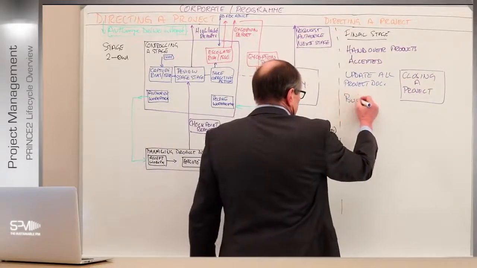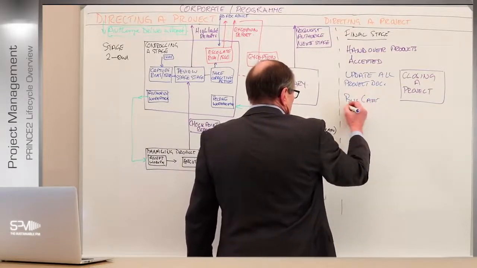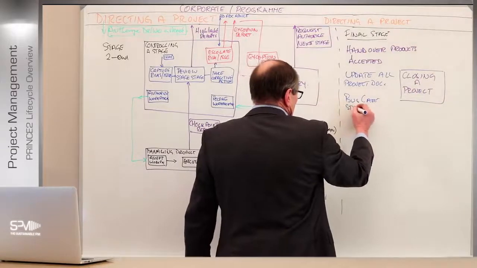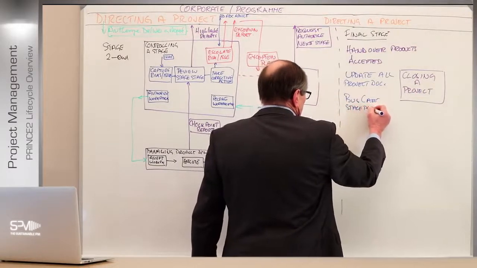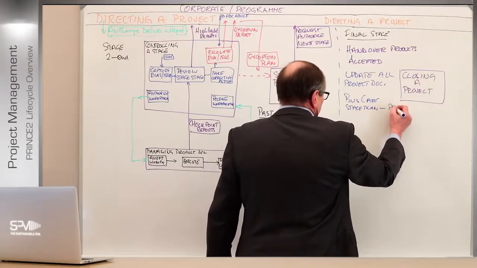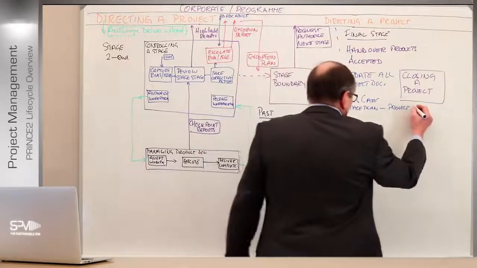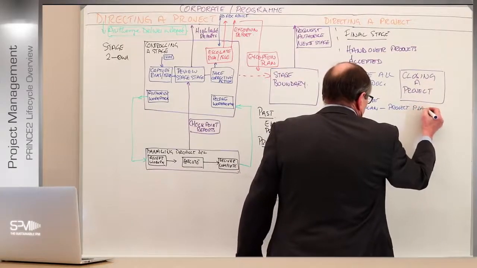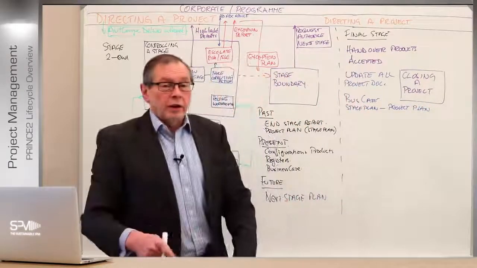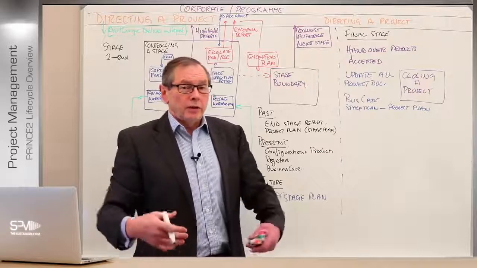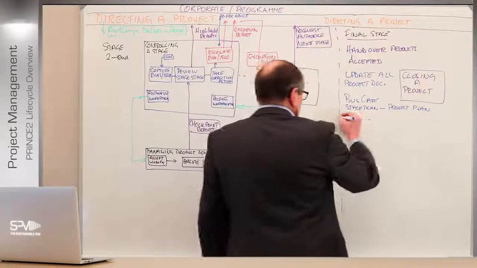Business case. We do the stage plan, of course, for this particular stage, which will then update the full project plan, right? We need them updated because what the business needs to do is review all those to agree that they're ready to shut the project down as well. They believe everything's been fixed and delivered.